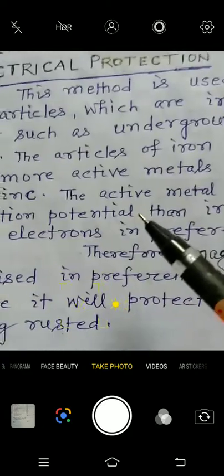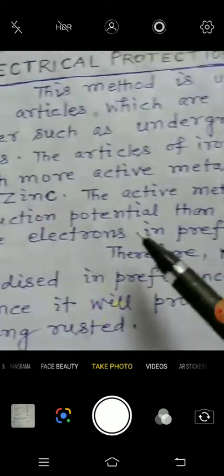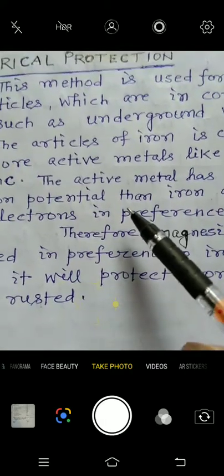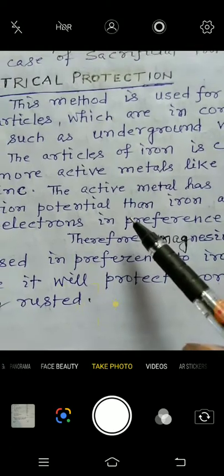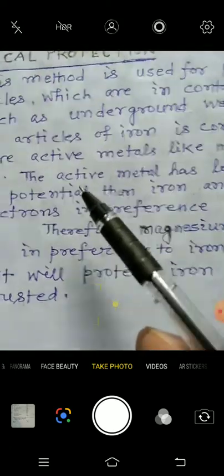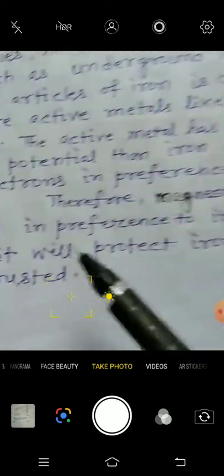The active metal has lower reduction potential. Lower reduction potential means it will easily lose electrons and will act as anode. The active metal has lower reduction potential than iron and will lose electrons in preference to iron.